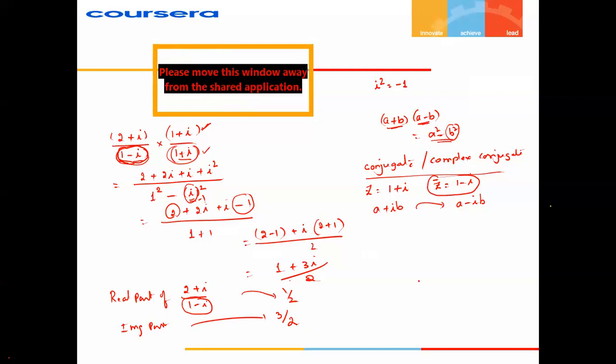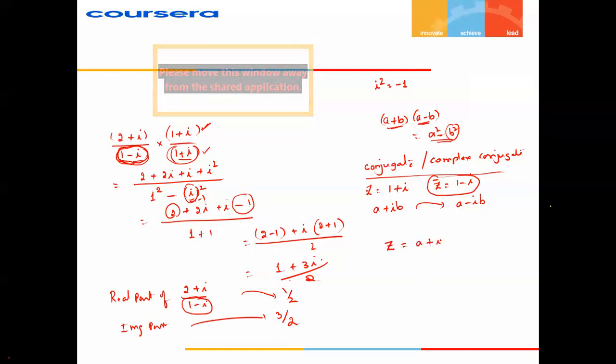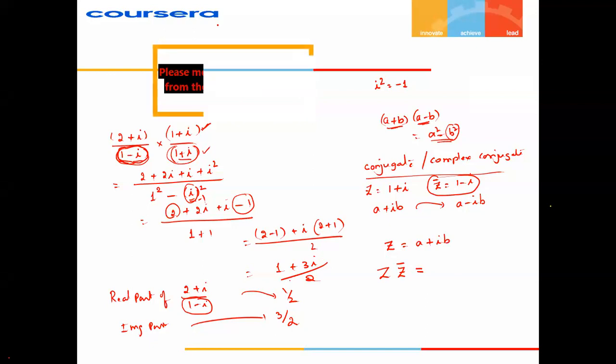Very simple, right? Now you can understand what z is in general. Suppose z equals a + ib, then what do we get by doing this? Any guess? z into z conjugate. z means for us a + ib, conjugate means a - ib.